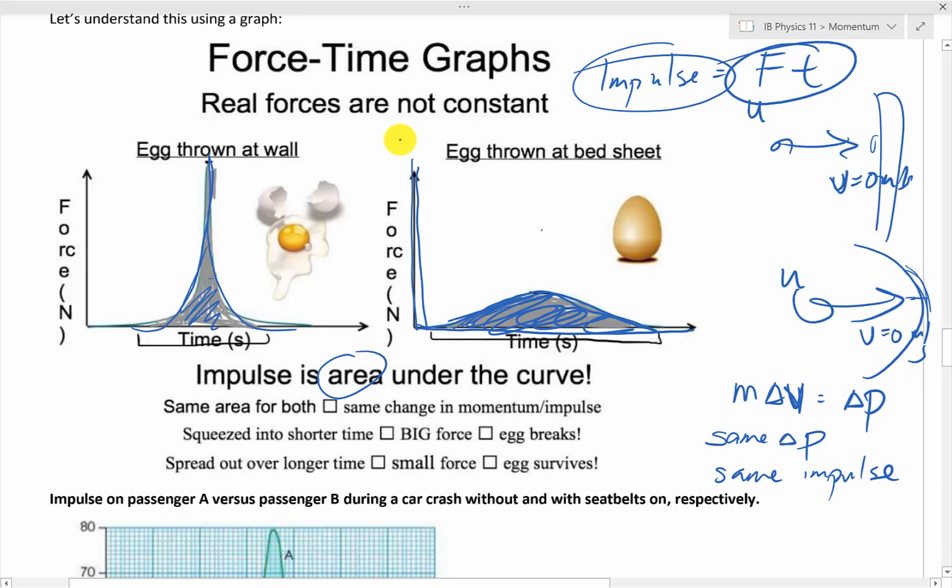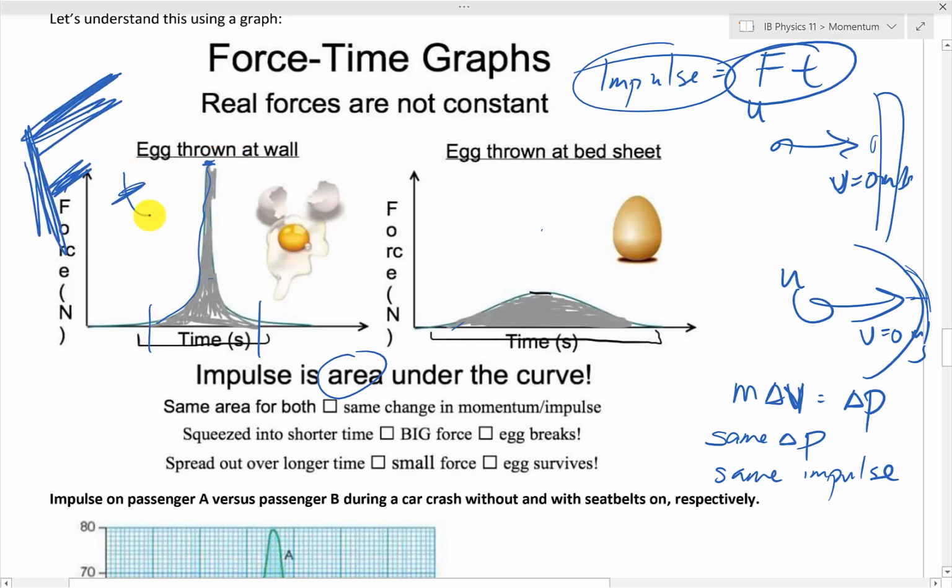What's the difference? The key thing that you see in these two graphs, and you probably observed already, is the fact that if an egg is thrown against the wall, it sustains a very high amount of force, but over a short amount of time.